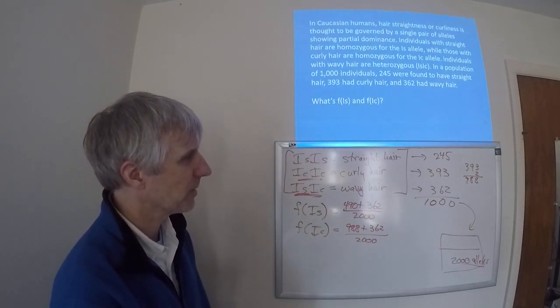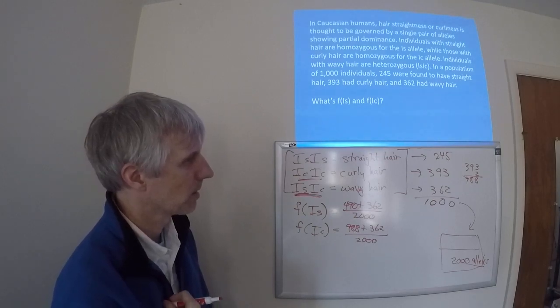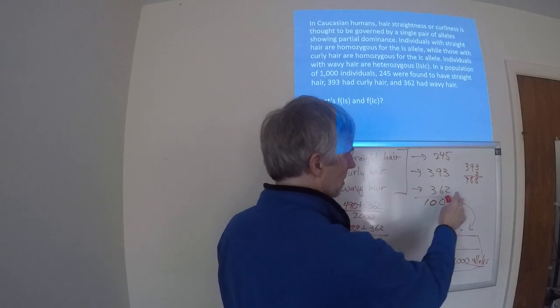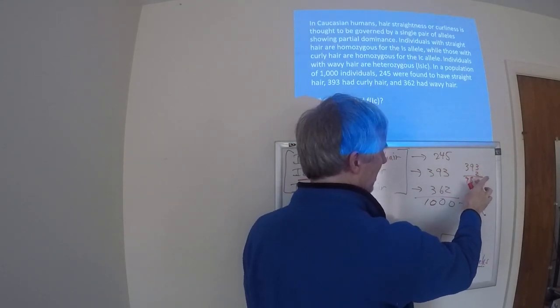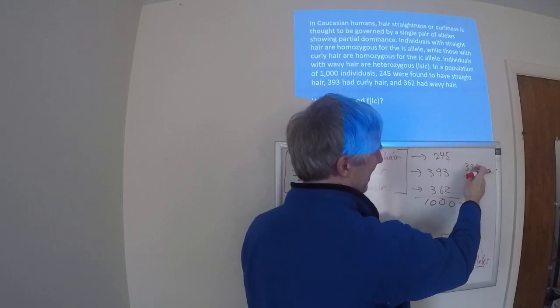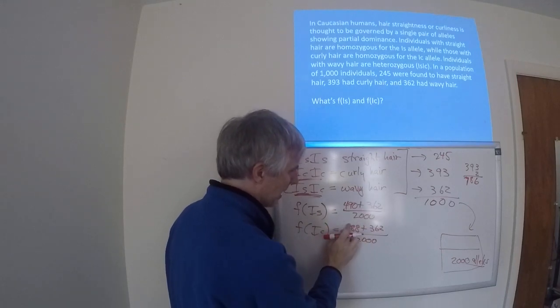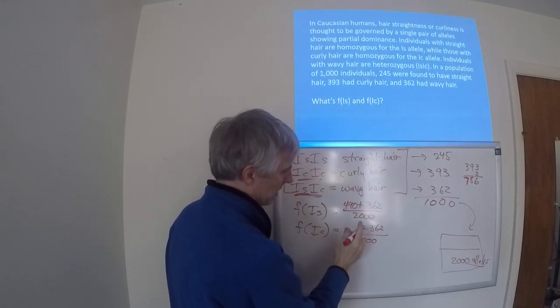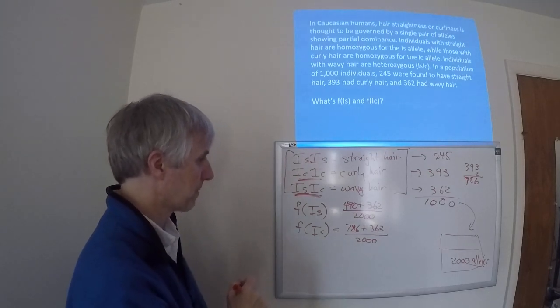So 393 times 2, 3 times 2 is 6, 18, 1 on to 6 is 7. So 786. Sorry about that. It's going to be one of those days.